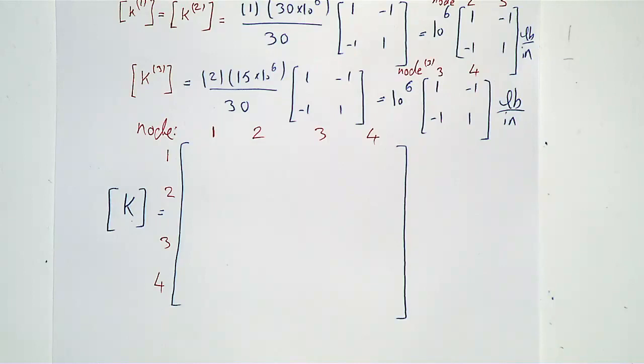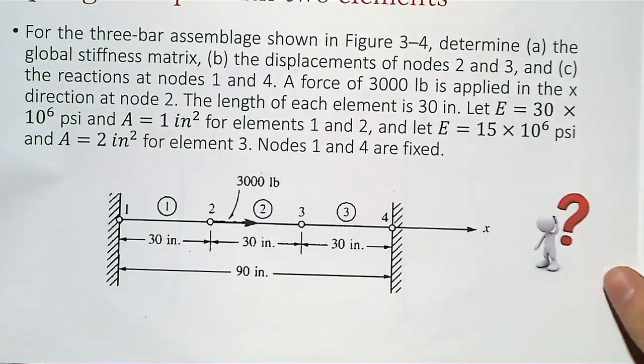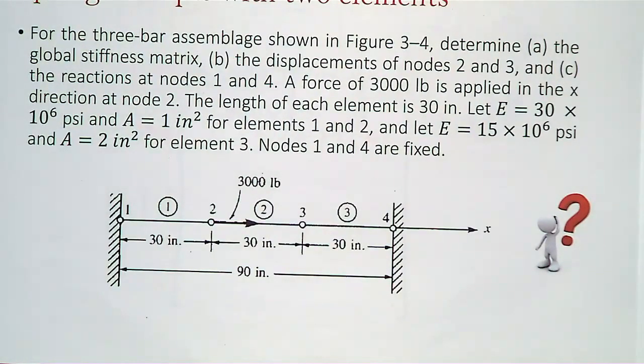The second point that we need to be careful about is determining the common nodes. So I'm going to bring up the problem one more time. This is the configuration of the elements and the node numbers. Which nodes are common to 2 elements? Node number 2 and node number 3. These are the nodes that we need to be very careful about.